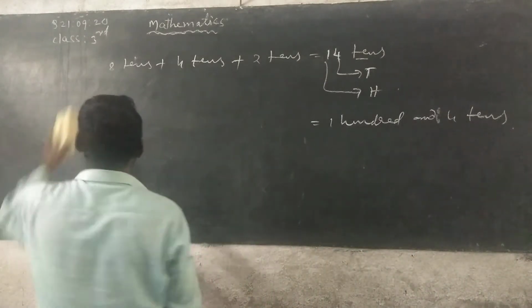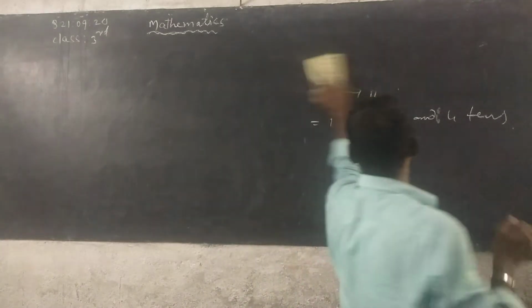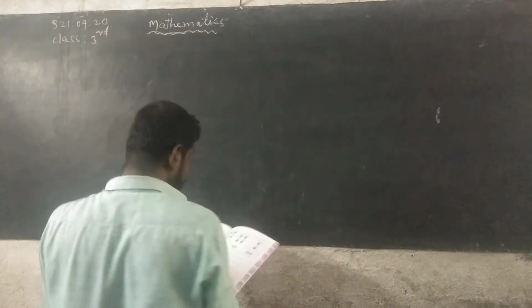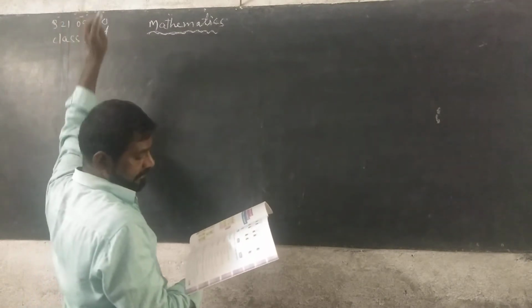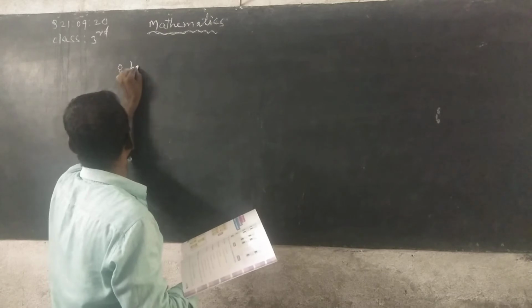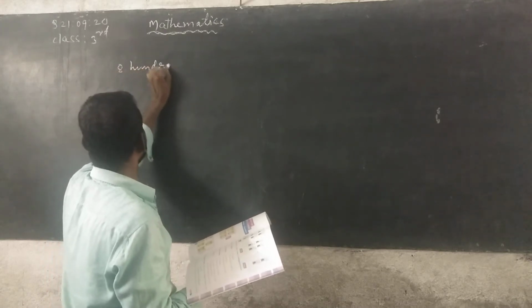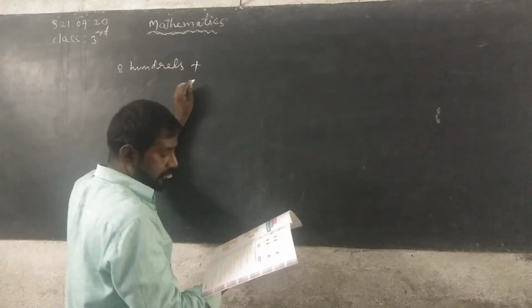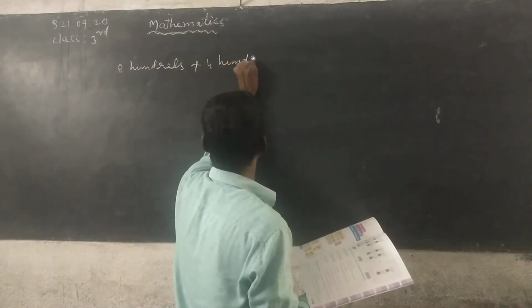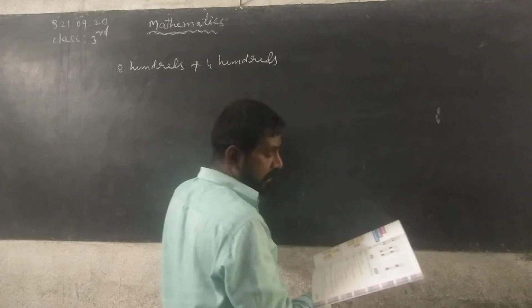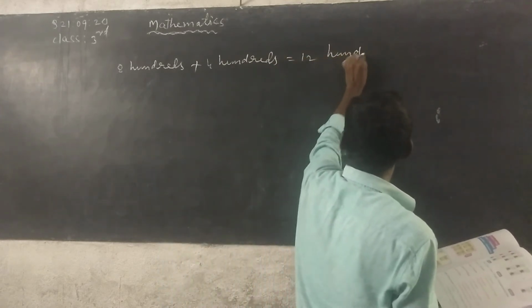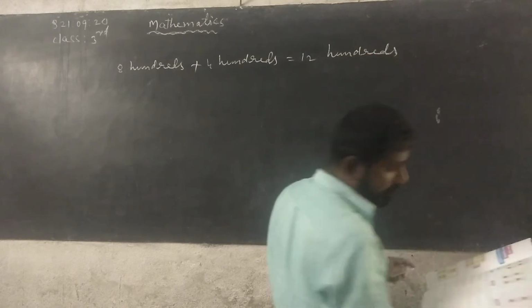See, here some example is given. See everybody. Look at the blackboard. 8 hundreds plus 4 hundreds. 8 plus 4, 12 hundreds. 12 hundreds.